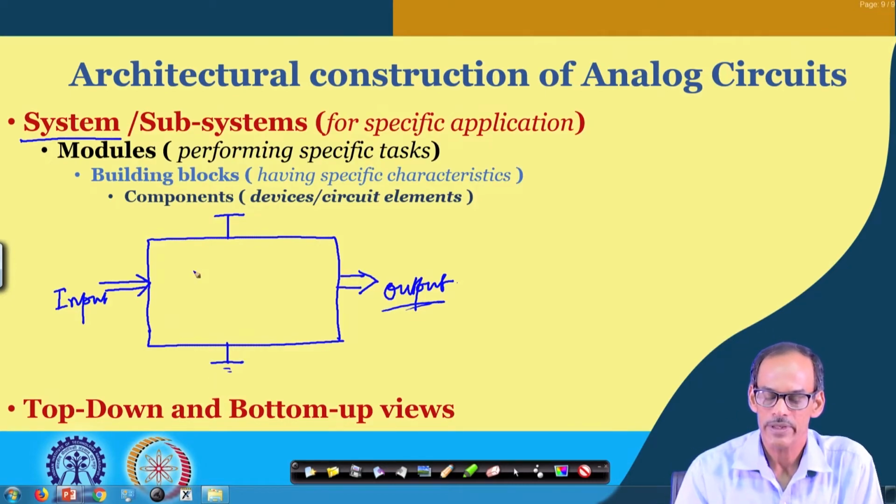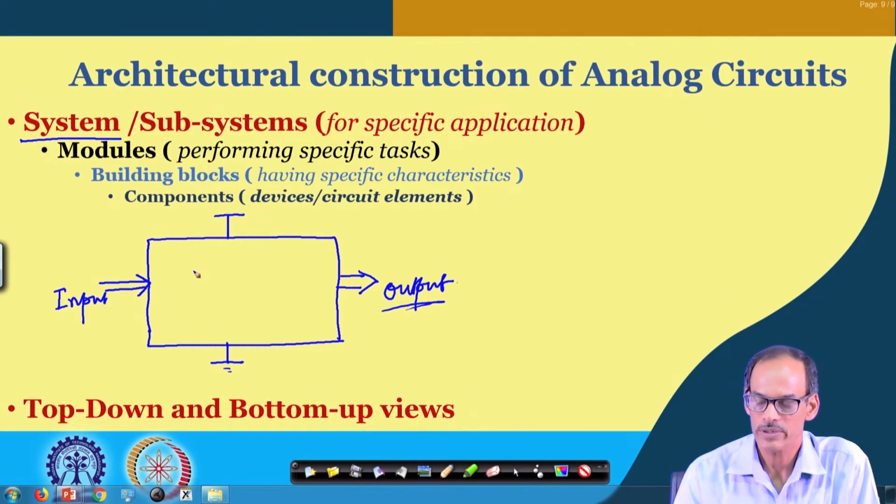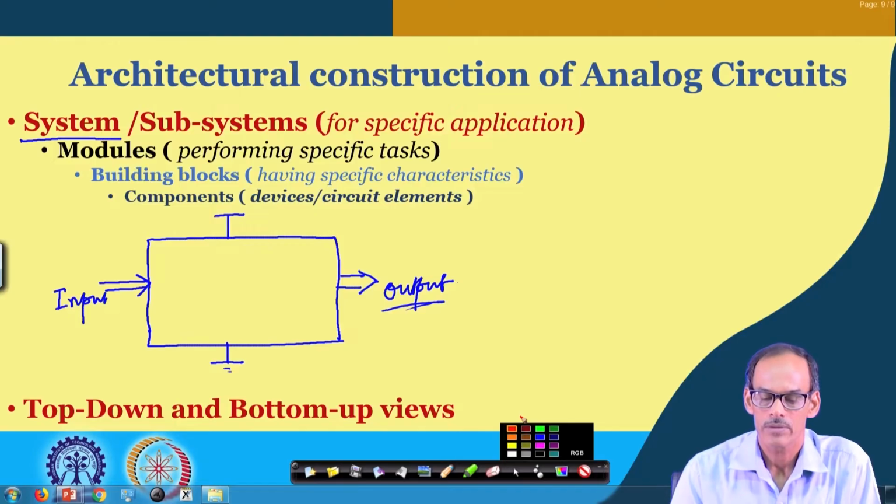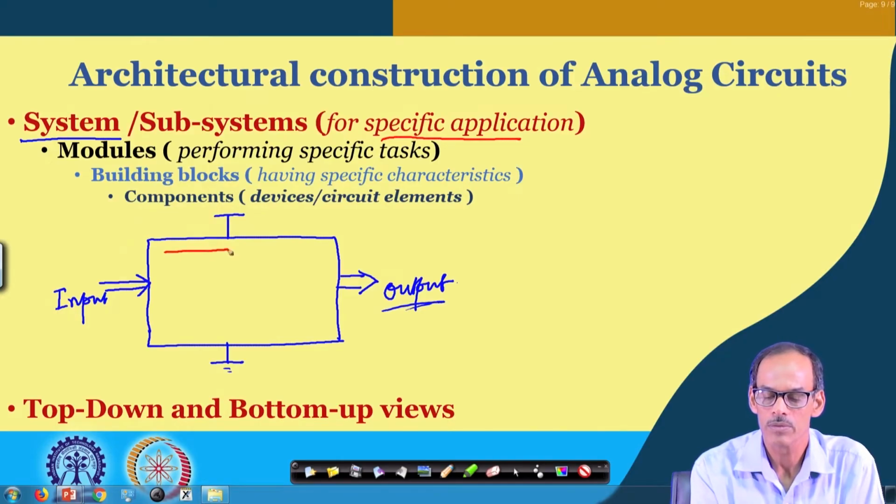Now, within this circuit, if I want to see what the different blocks are, based on the system requirement for some specific application, it may have different modules performing very specific tasks.